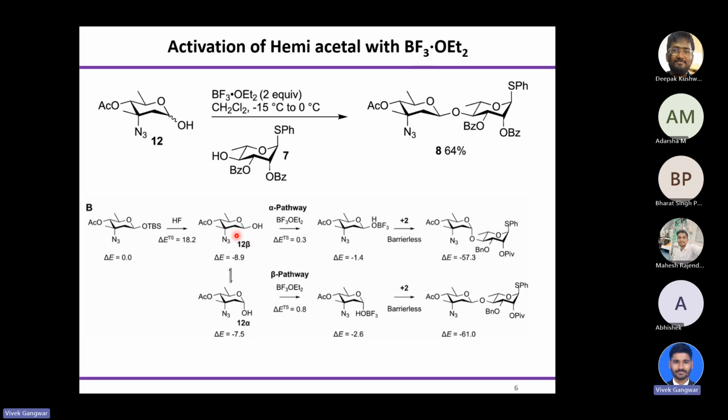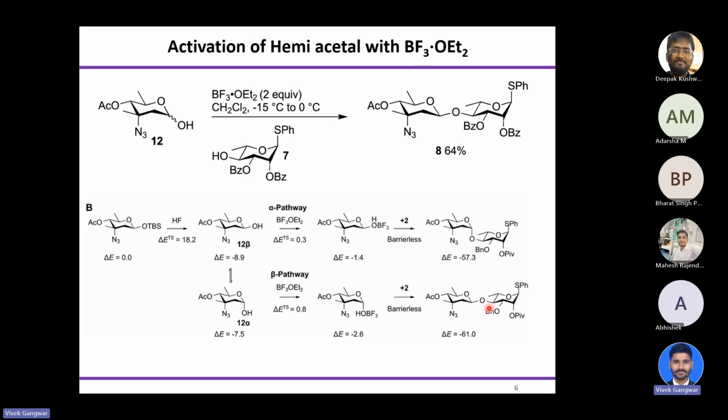So in case of beta and alpha, this is more stable compared to this. But the transition state energy also in that case needs less compared to this one. But in case of the beta pathway, this intermediate is very much stable compared to this one.